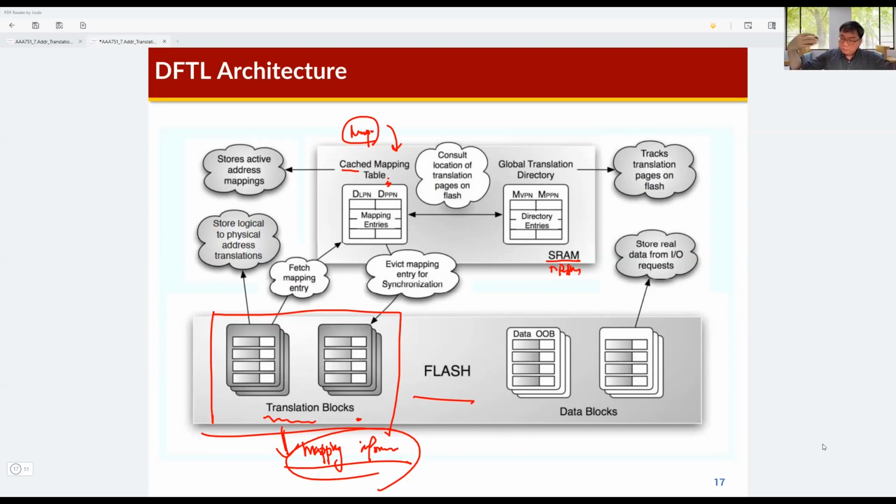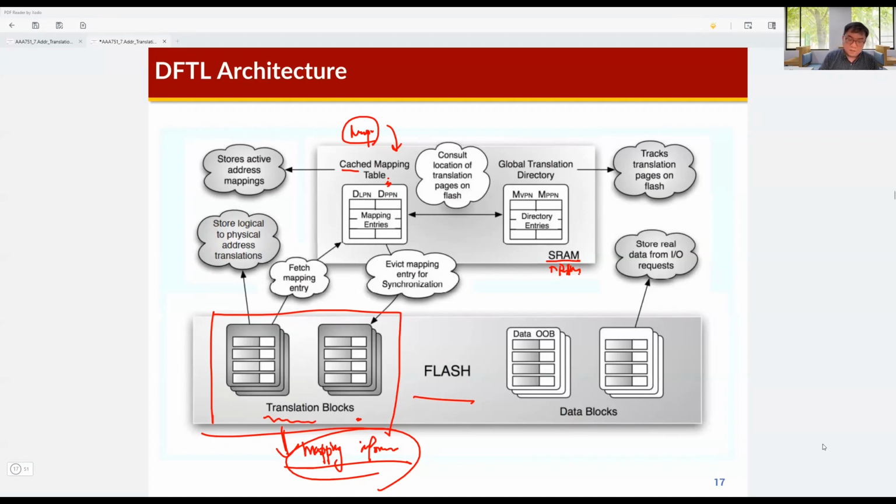If certain data is updated, if a certain page is updated, then we cannot perform the in-place write. So we erase the entire block and then we write the updated content to the new empty blocks. That is the property of the flash memory.